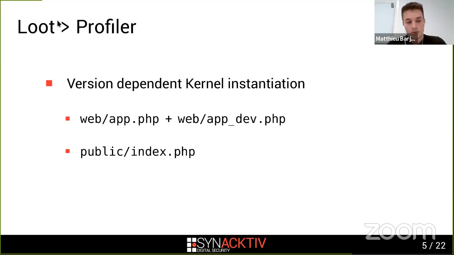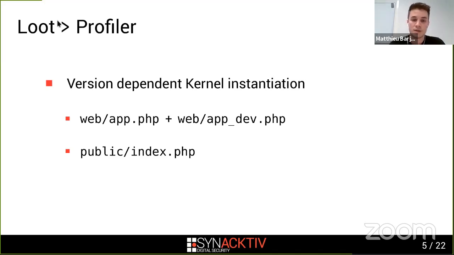So the core component of Symfony is its kernel, and according to the Symfony version your application is using, the kernel will be instantiated differently. In older Symfony versions, there were two files for two kernels. The first one in app.php was the default kernel created with production parameters.